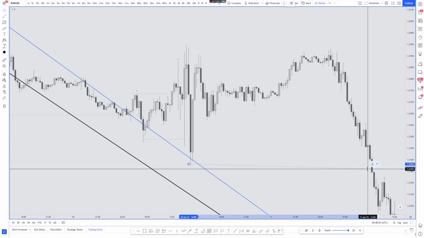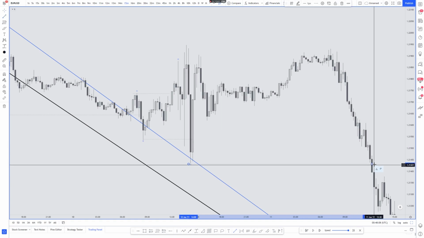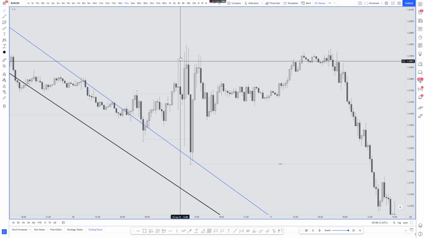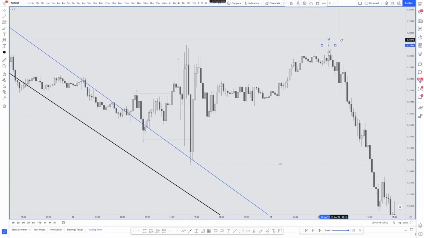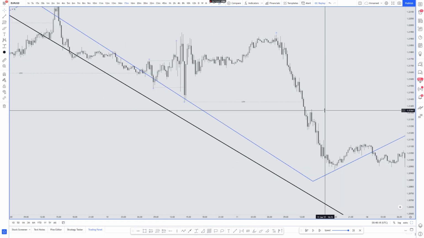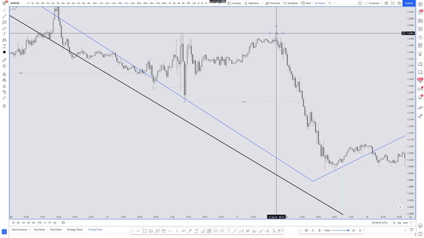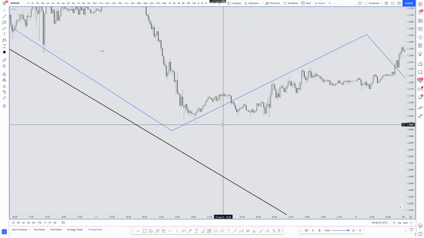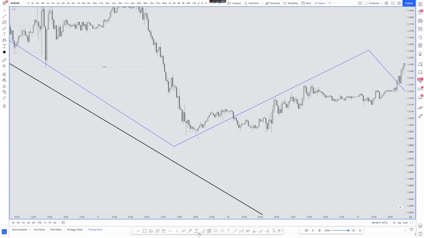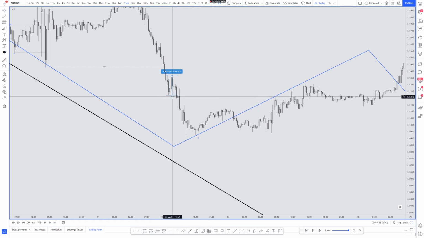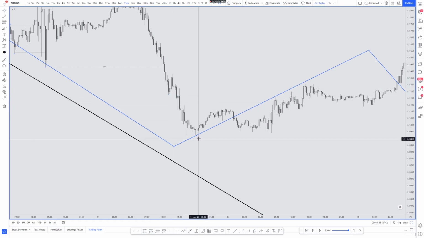So here what we have is bearish structure realigning with the higher time frame. And once again, let's just measure this. It's actually structure there, so we can classify that as structure.